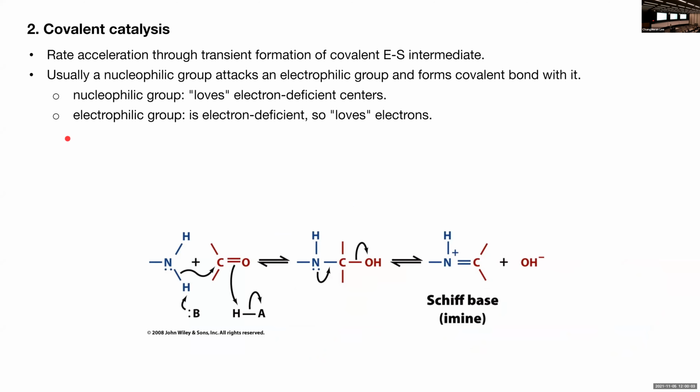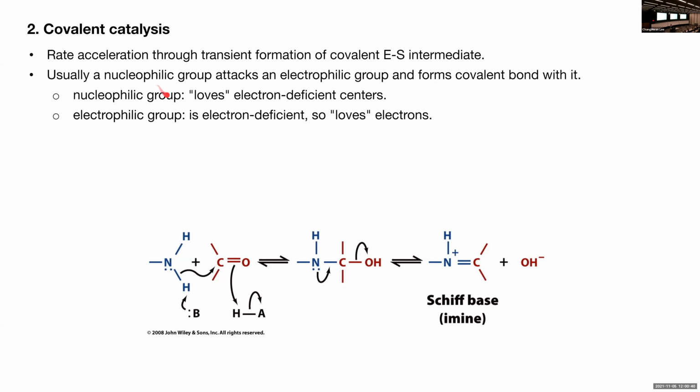The second type of catalysis is covalent catalysis, where again covalent bonding is involved in the catalytic reaction. This catalysis achieves rate acceleration through the transient covalent formation of the ES intermediate complex. And ES, as you know, is the transition state intermediate. Usually a nucleophilic group attacks an electrophilic group.